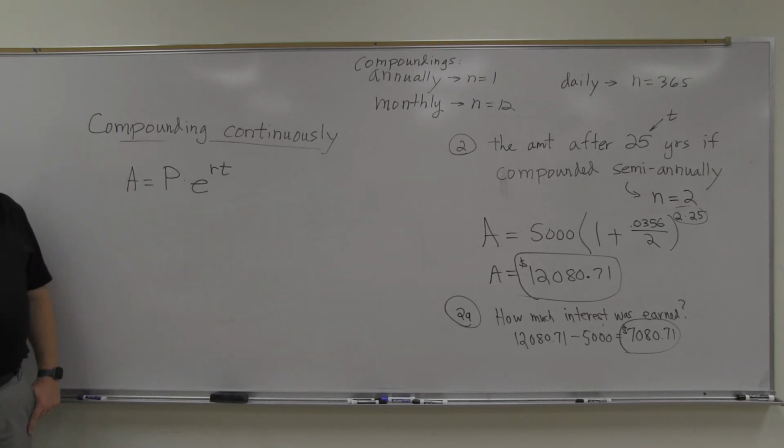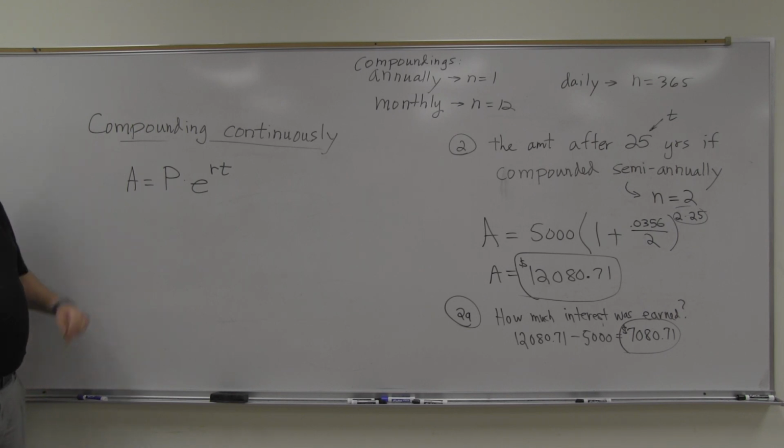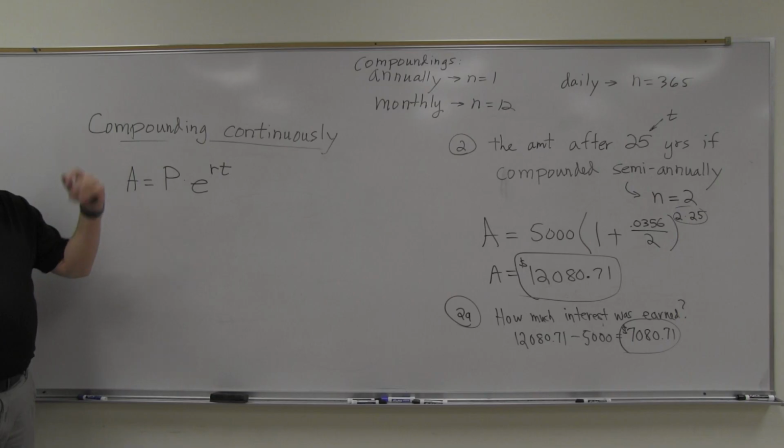Which, as you can see there, takes out any mention of n, because it's compounding continuously, so there's not an n value that you can put on that. But it also puts in this application, like we said, this e pops up. The base there is just e. It does shrink the formula down quite a bit, so it makes it nicer in that regard, easier to remember.